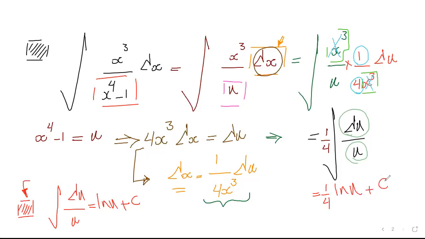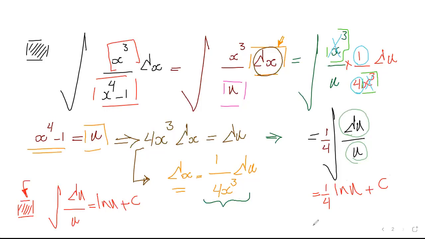But the problem is that we started with something with respect to x, and we got something with respect to u. It's like somebody is talking to you in German and you're responding back in English. You have to make everything back to the same language. What is our own language here? With respect to x. We know that u is essentially x⁴ minus 1.